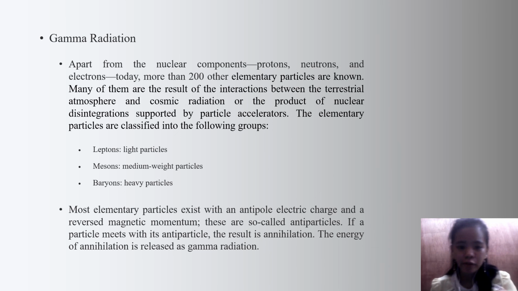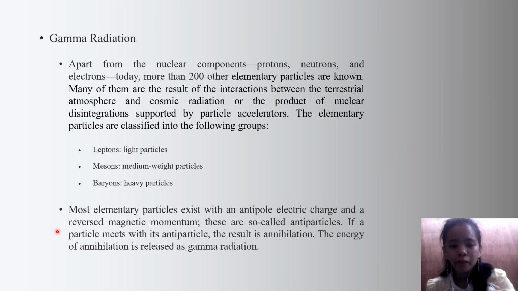So next, gamma radiation. Apart from the nuclear components, protons, neutrons, and electrons, today more than 200 other elementary particles are known. Many of them are the result of interactions between the terrestrial atmosphere and cosmic radiation, or the product of nuclear disintegration in a particle accelerator.